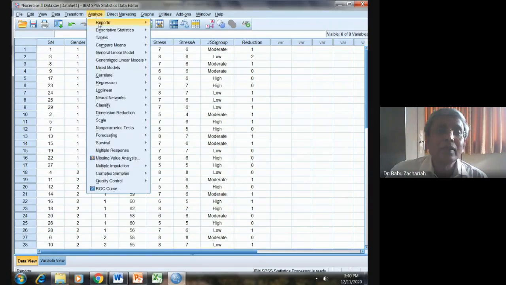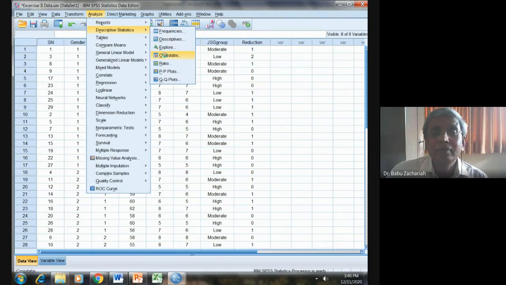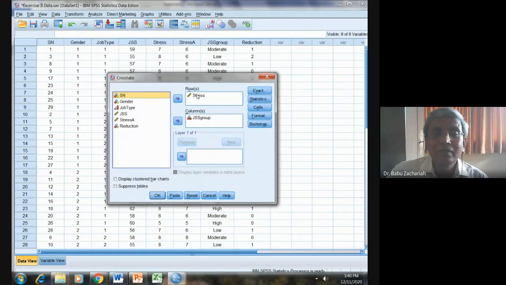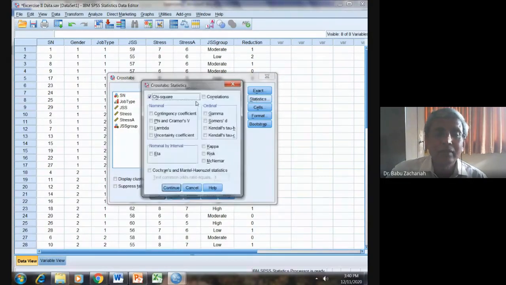So we have to come here and cross tab, remove this and remove this also. Gender and stress reduction. And the other one is selected already, you can see here.